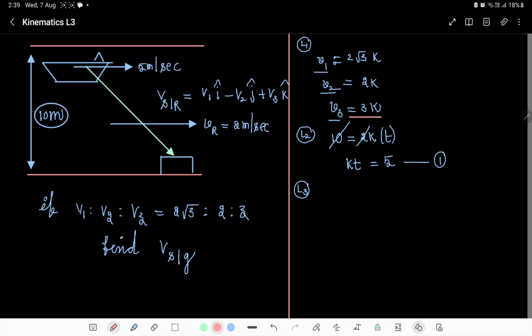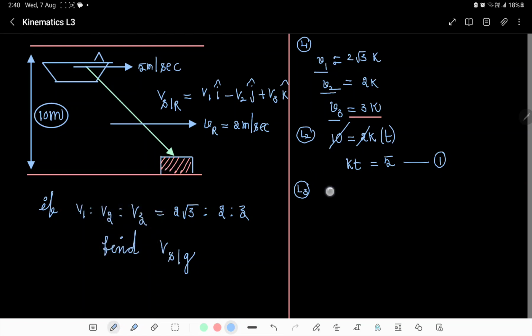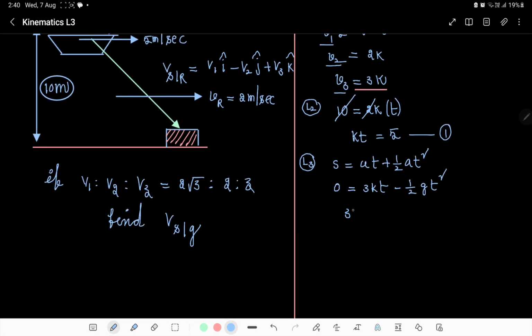But still gravity will act on the stone, downward. Still there is no displacement along z. Therefore, logic number 3: s equals ut plus half a t squared. There is no displacement along the z direction, and the velocity along z is 3k. Therefore, 0 equals 3kt minus half g t squared. So 3kt is equal to half g t squared.